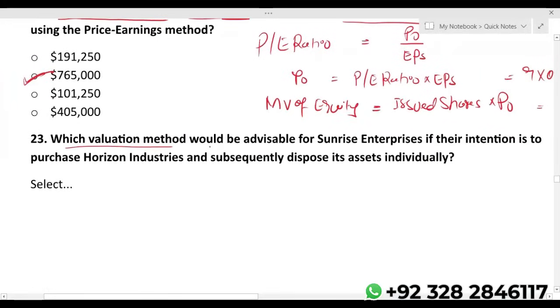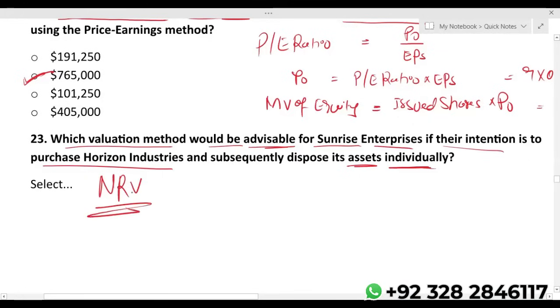Which valuation method would be advisable for Sunrise Enterprise if their intention is to purchase Horizon Industries and subsequently dispose of its assets individually? If this is the case, go for NRV, net realizable value.